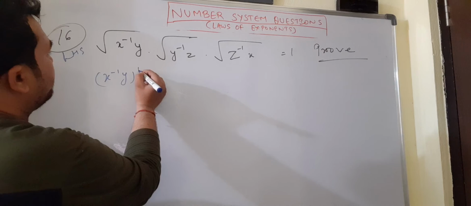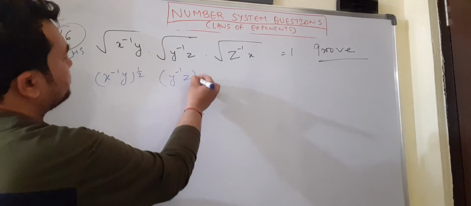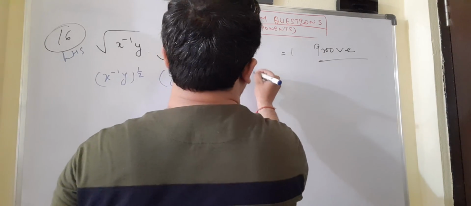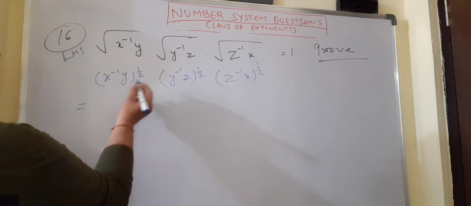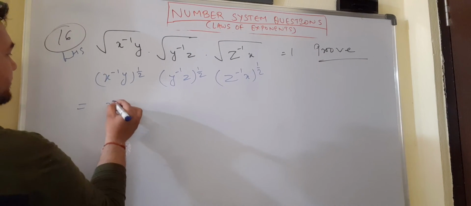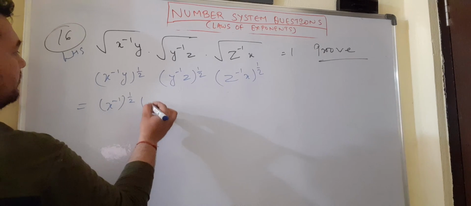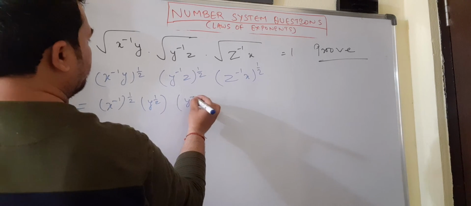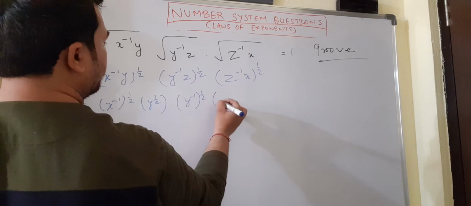This is 1 by 2. This is 1 by 2 minus 1 x. This is 1 by 2. This x minus 1 will get 1 by 2. Y will also get its 1 by 2. Z will also get its 1 by 2.